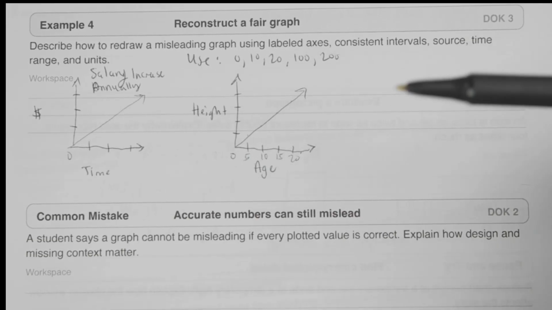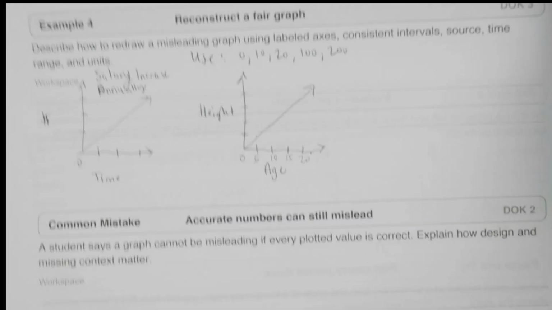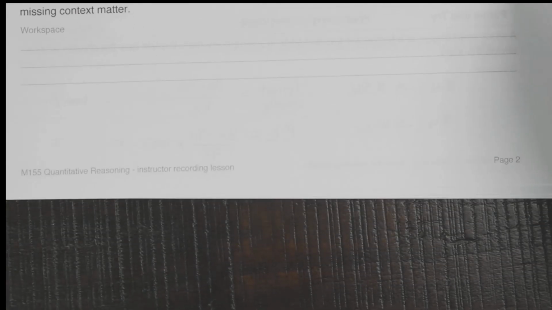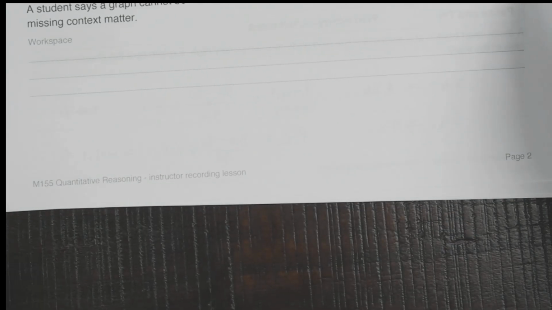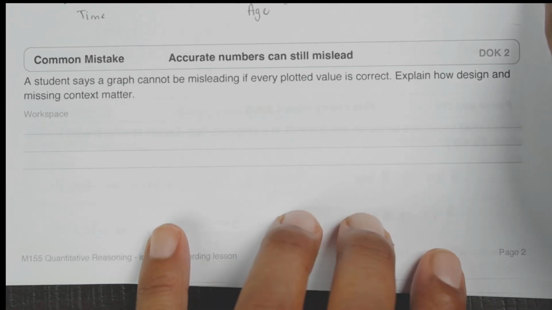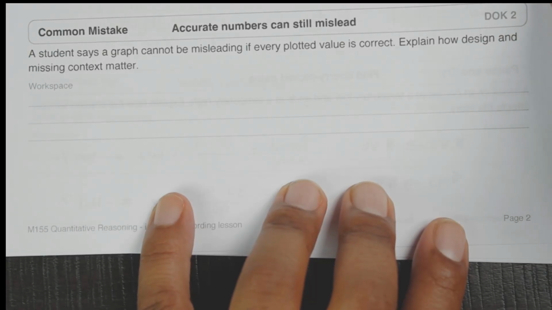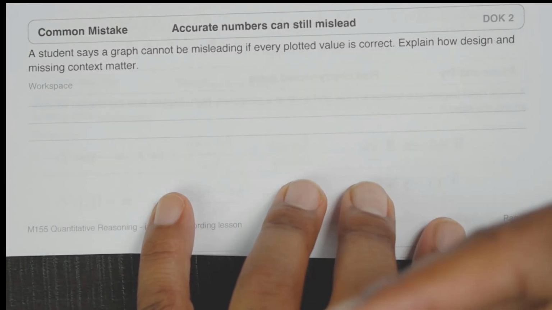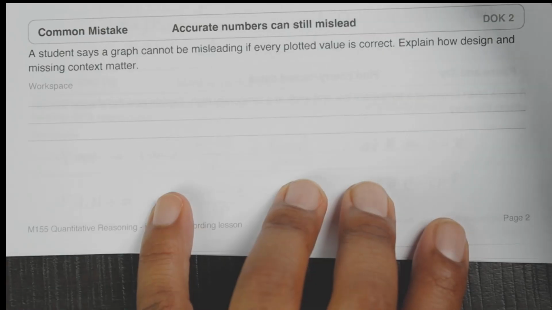Whenever you're drawing a graph, you need to make sure that the labeling is consistent with what you're working on. Common mistake: a student says that if every number on the graph is correct, then the graph cannot be misleading. Well, that's absolutely false, because a graph can use accurate numbers and still be misleading through things like what we looked at in the very beginning, a truncated axis, where the starting point is at 47 rather than at 0.